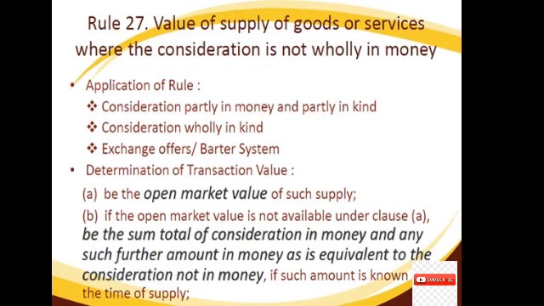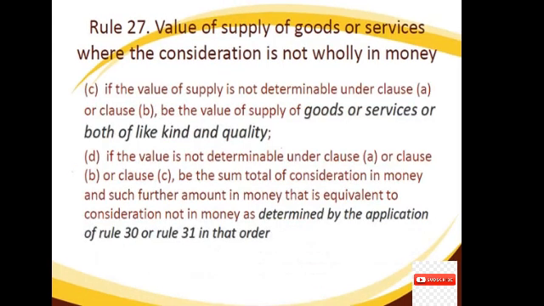Now the third option available with you is the value of supply of goods or services, or both, of like kind and quality. That means if the same kind and quality of product is being sold by some other seller, then you will take the selling price of that seller and that will become your transaction value.